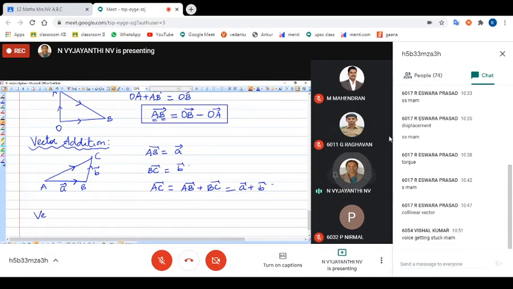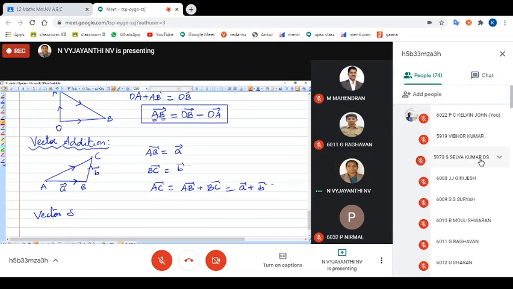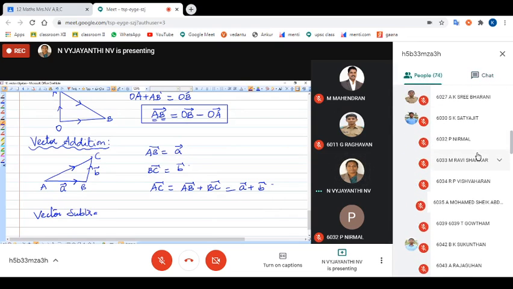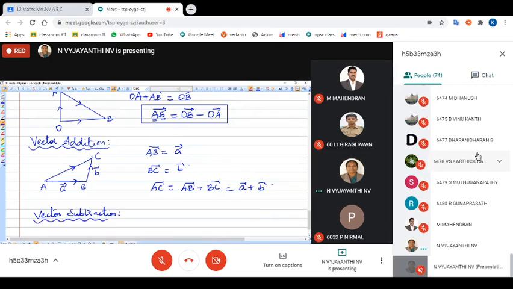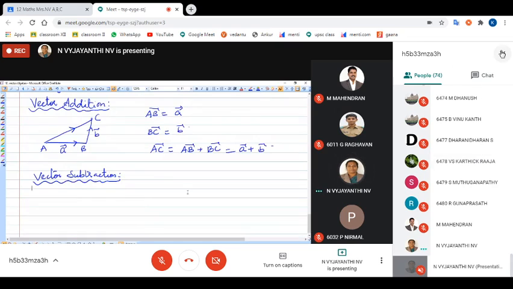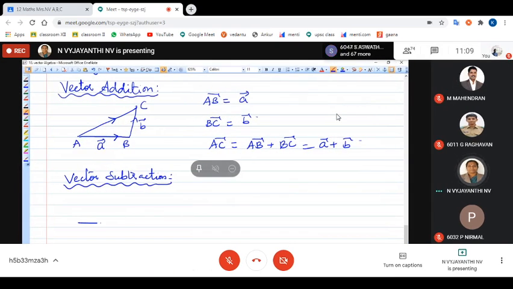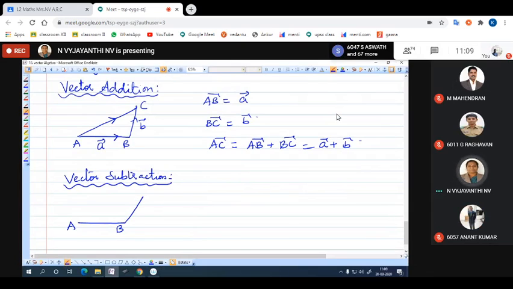So vector subtraction. For vector subtraction, what do we have to do? This is AB, this is BC.